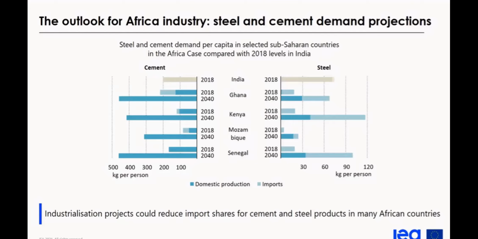So steel and cement demand per capita is one example of a parameter we will project so that we get a better understanding of what could be the total energy demand coming from the industry. And the interesting part of the analysis is that we are also able to look at what would be the share of imports and the share of domestic production.